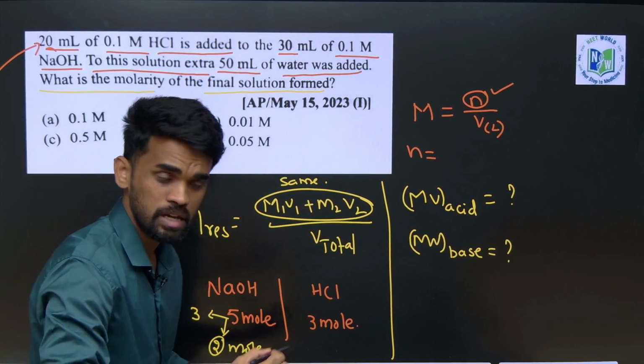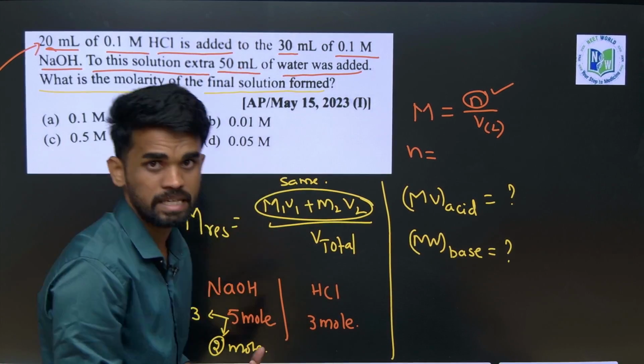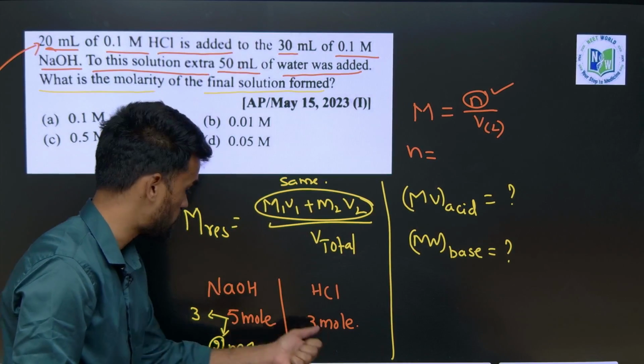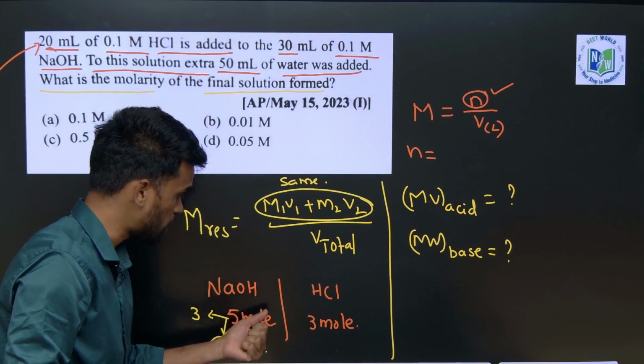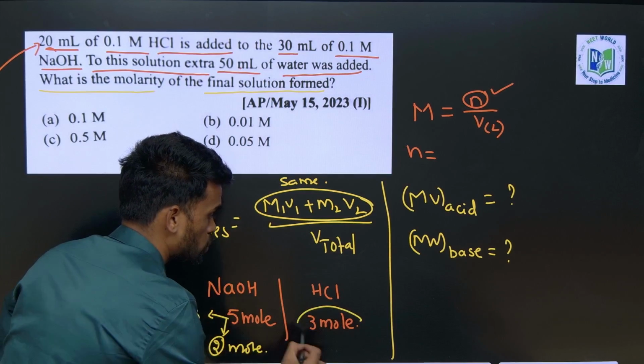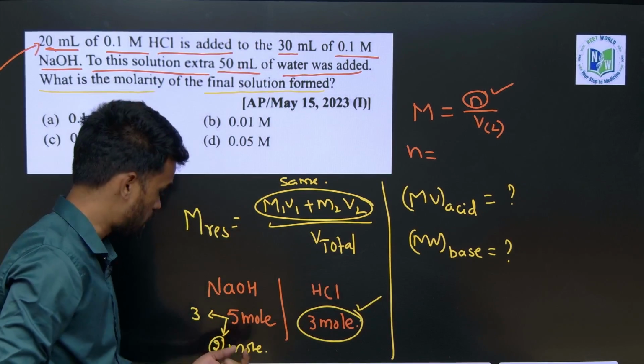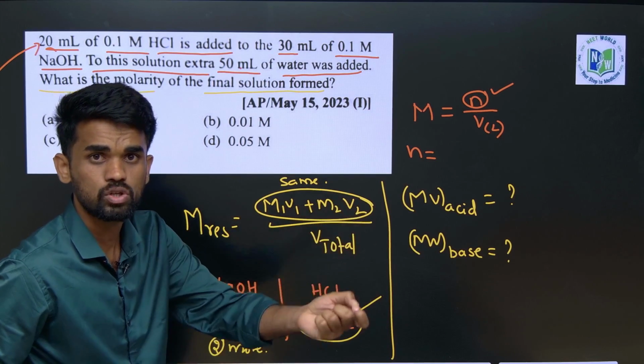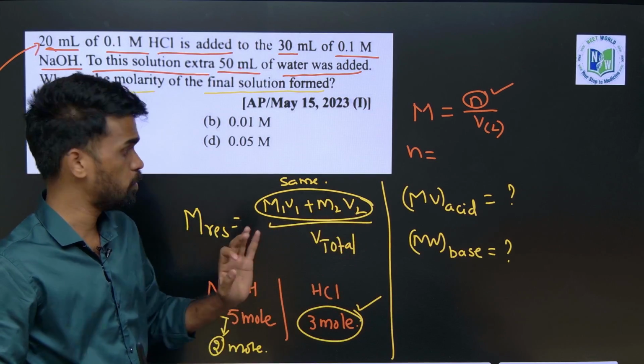Then it means the resultant solution will be basic now. I hope this is clear, because we have only 3 moles of acid but 5 moles of base. Out of these 5 moles, 3 moles can be neutralized using the 3 moles of acid. The remaining 2 moles remain unreacted, and that will make the solution basic. I hope it is clear.